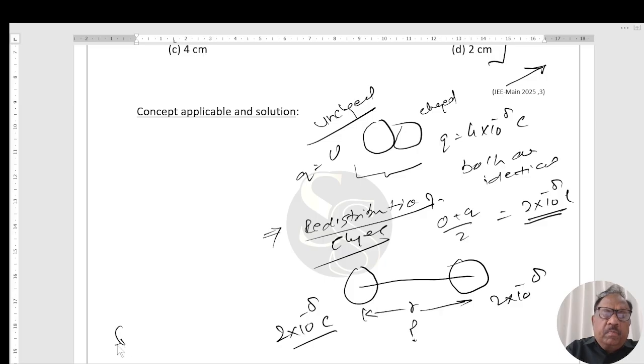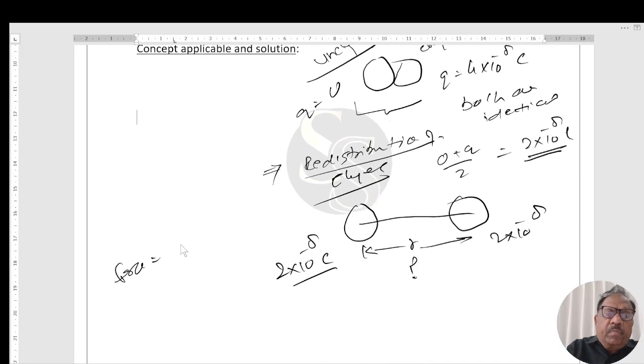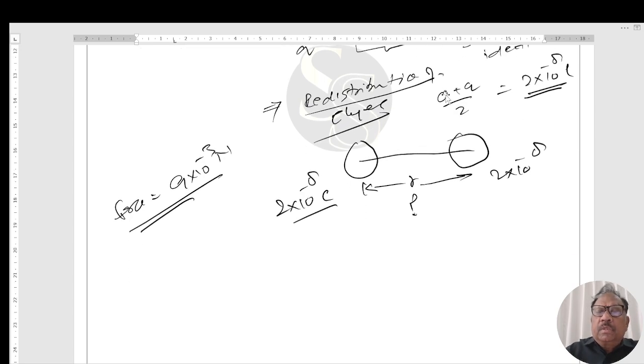Force of repulsion is given to be 9 × 10⁻³ Newton. Now simple calculation work is there. Simple calculation is according to Coulomb's law, F = 1/4πε0 Q1 Q2/r².